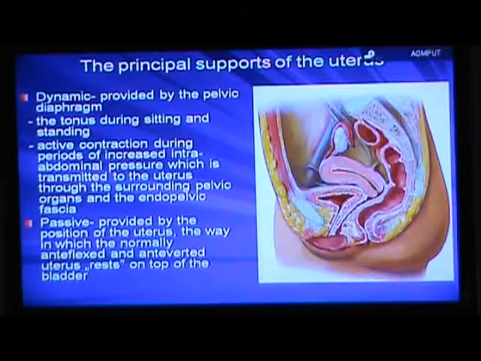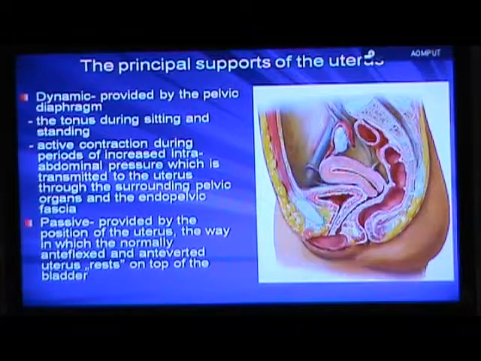So principal supports of the uterus are dynamic or passive. Dynamic is provided by the pelvic diaphragm, the tonus during sitting and standing, and the active contraction during periods of increased intra-abdominal pressure, which is transmitted to the uterus through the surrounding pelvic organs, like the urinary bladder, the rectum, and the endopelvic fascia.